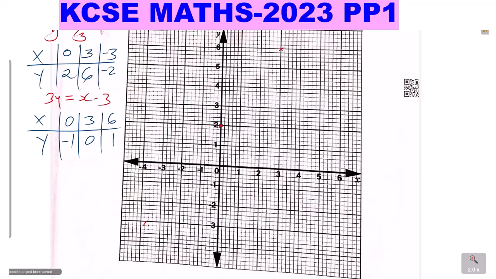Then (-3, -2). (-3, -2) is here. So once you've done that, join those points using a straight line. Ensure that your line is passing through all the 3 points.